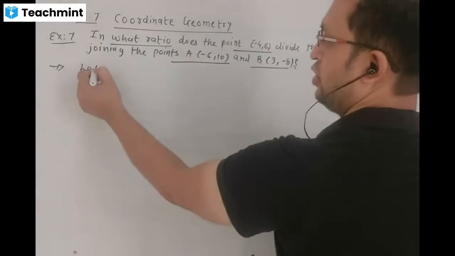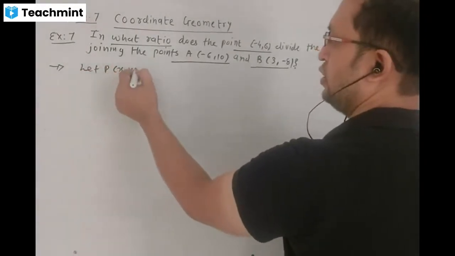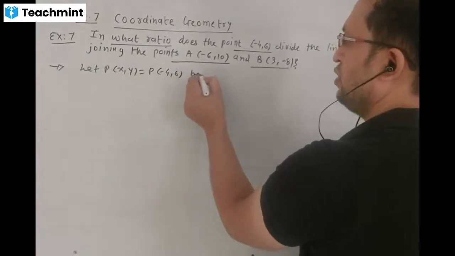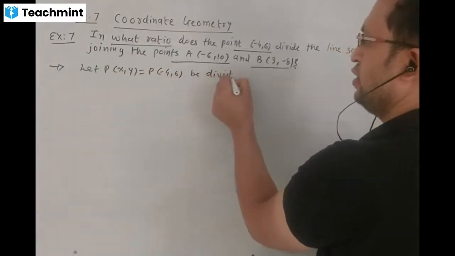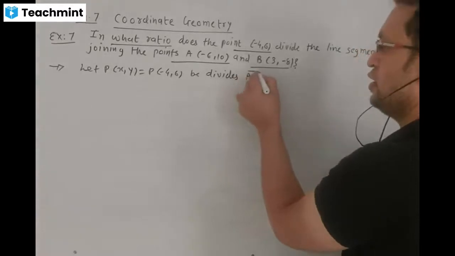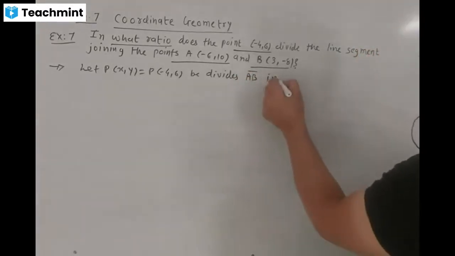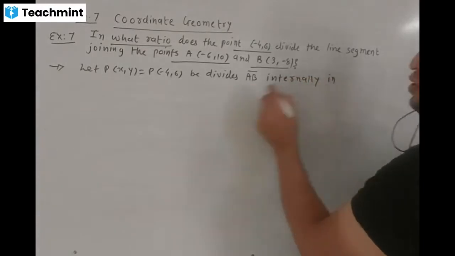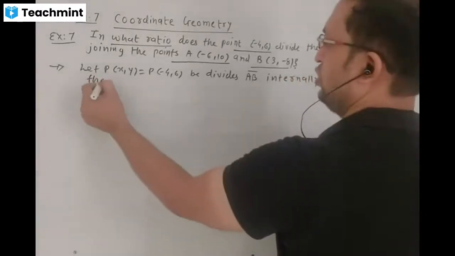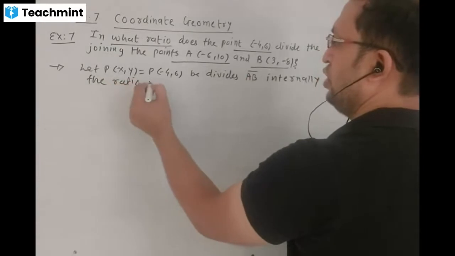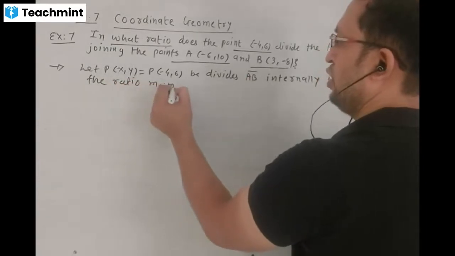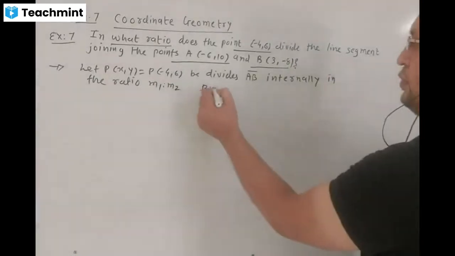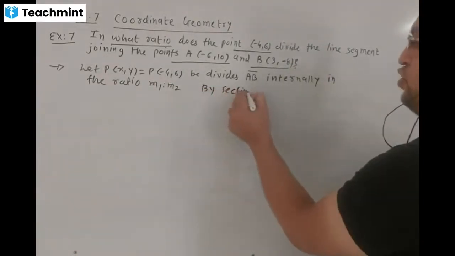Let P(x, y), that is P(-4, 6), divide AB internally in the ratio m1 is to m2. Apply the section formula.